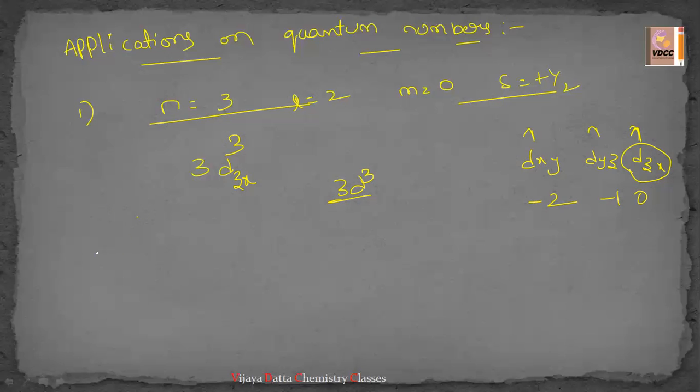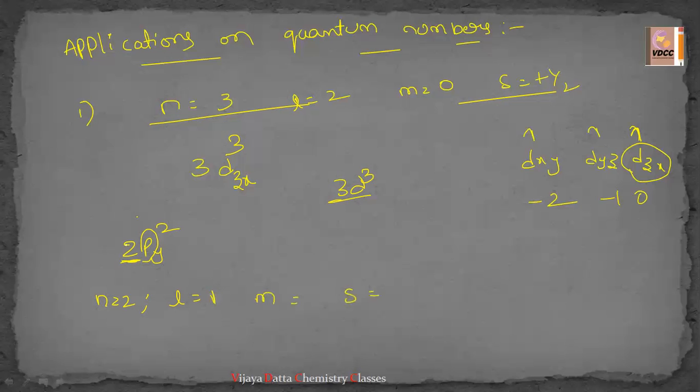Suppose they have given 2py2, and they asked you to write its quantum numbers. The first one indicates the quantum number n equal to 2. How do we know the l value? For p, l equal to 1. Okay, how to calculate m and s?